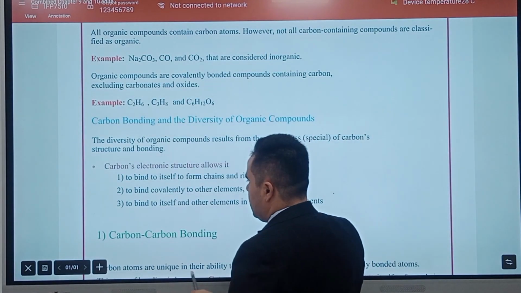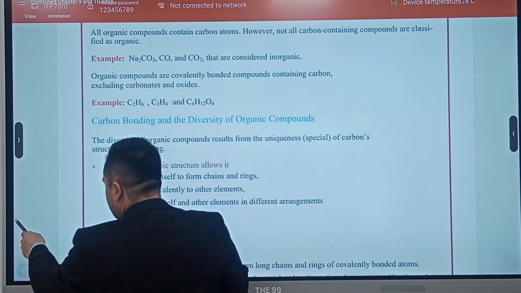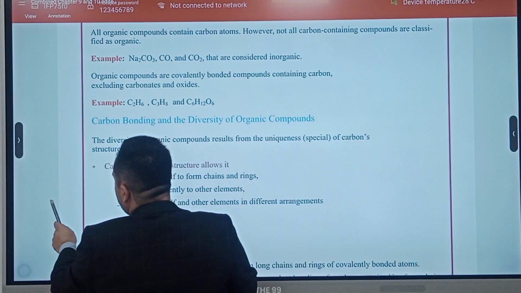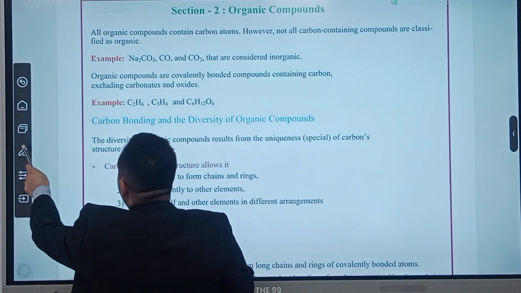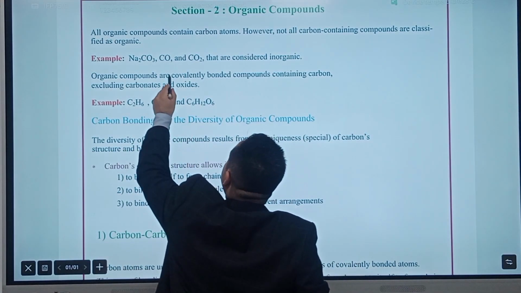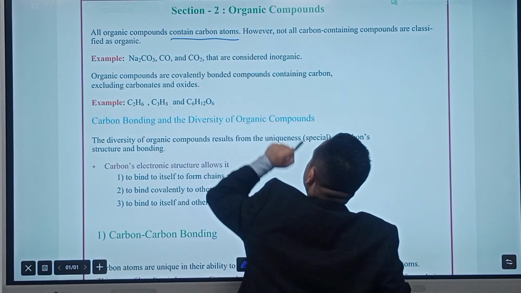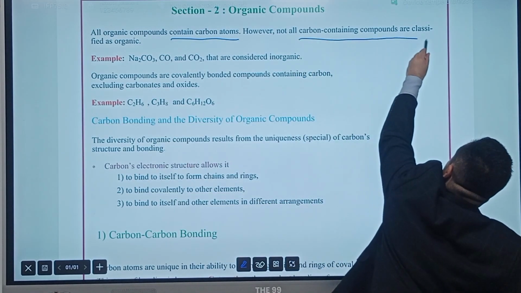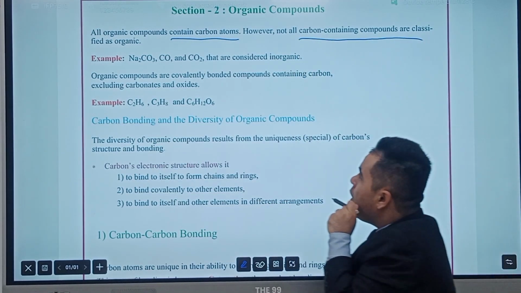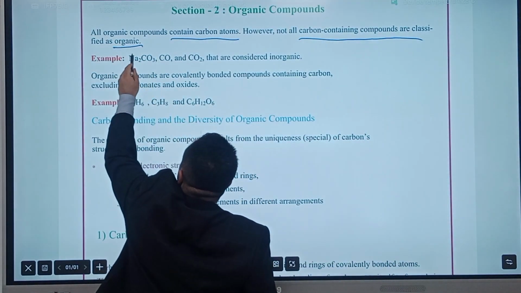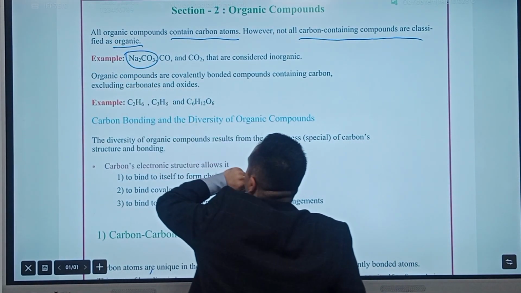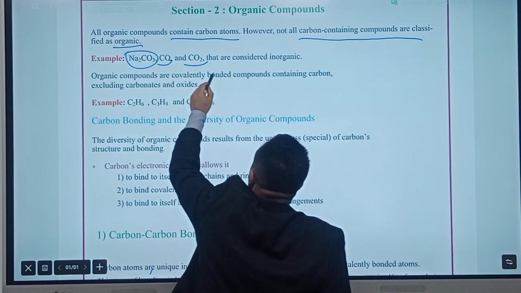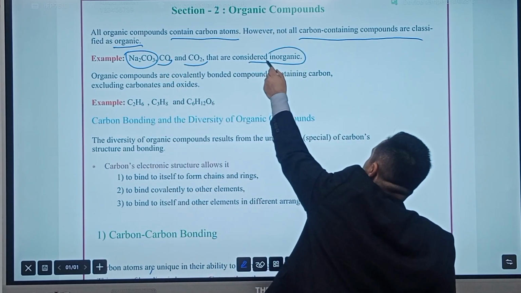So let us discuss which compounds are the organics. All organic compounds contain carbon, but not all carbon-containing compounds are classified as organic, guys. For example, we have sodium carbonate, carbon monoxide, and carbon dioxide, which are considered inorganic.